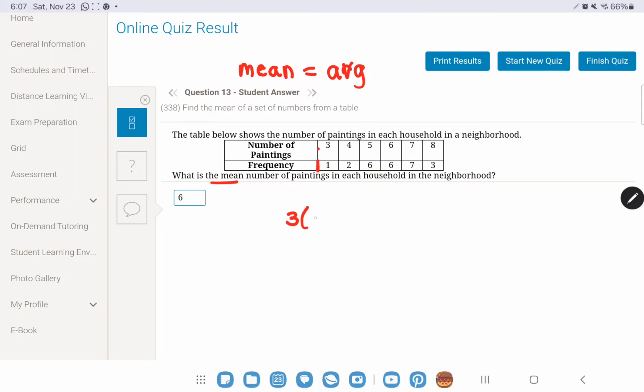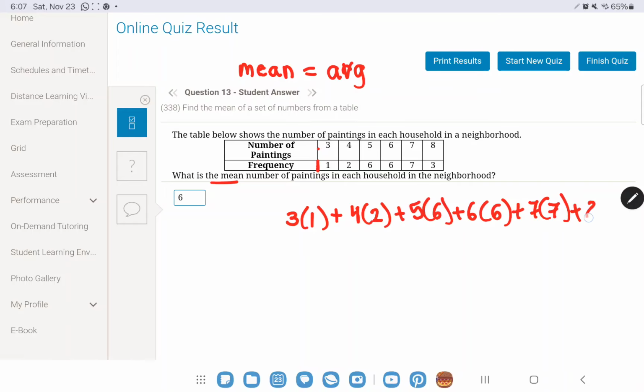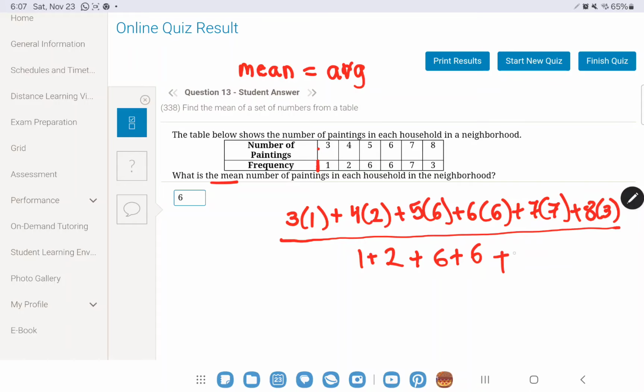So 3 into 1 plus 4 into 2 plus 5 into 6 plus 6 into 6 plus 7 into 7 plus 8 into 3. All over 1 plus 2 plus 6 plus 6 plus 7 plus 3.